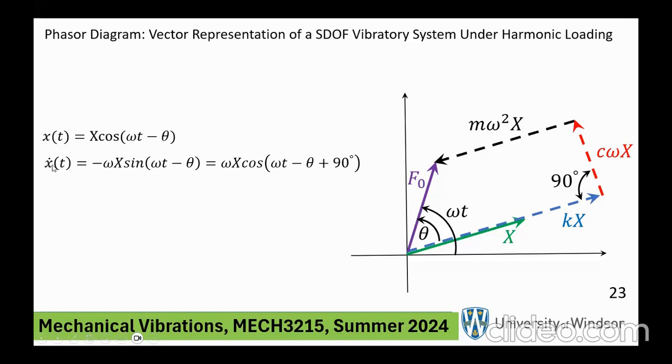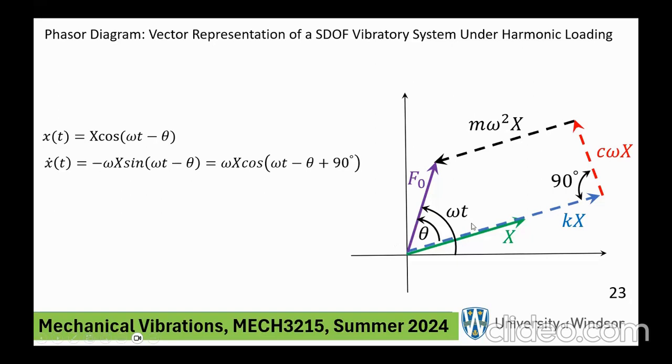Now, what is the damping force? The damping force is c times x dot. If you take c times x dot, look at this, the magnitude of the damping force right here. This is the damping force, which is 90 degrees ahead of the displacement.